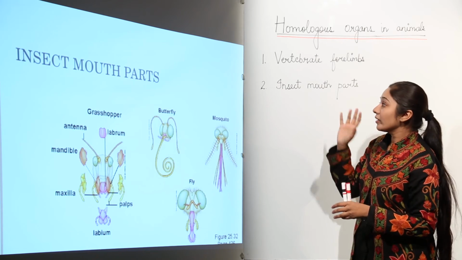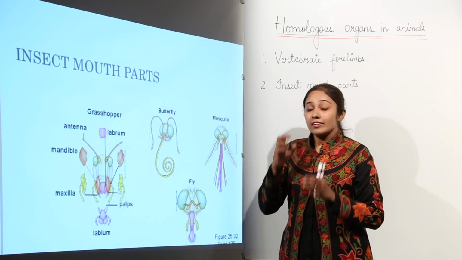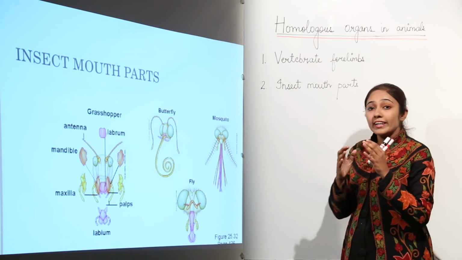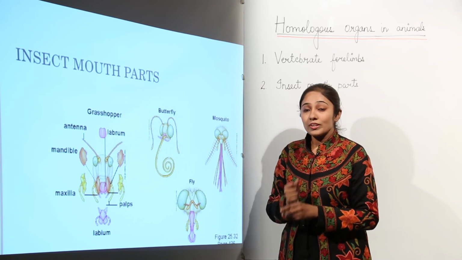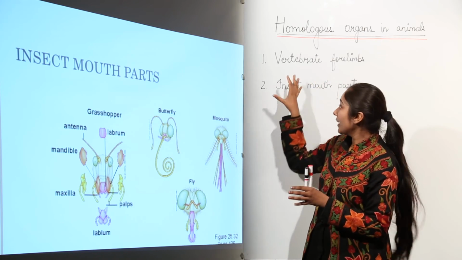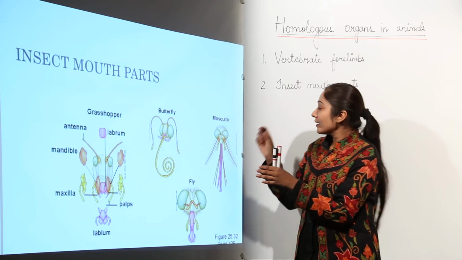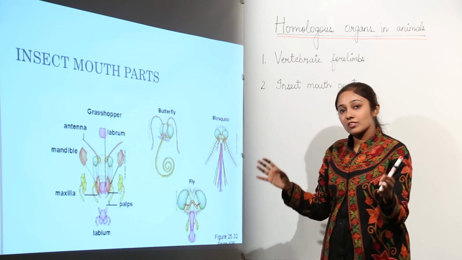So whenever in your examination you are asked to give examples of homologous organs, remember that homologous organs provide evidence for evolution. So in case of animals, these two examples need to be cited, which convey that they must have some common ancestor. That is why they have such basic structural similarity.